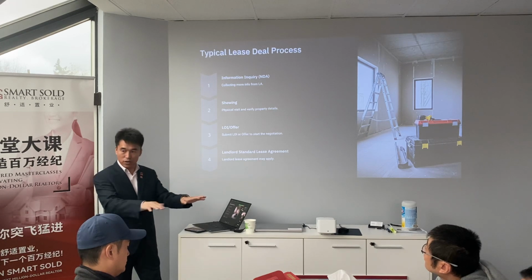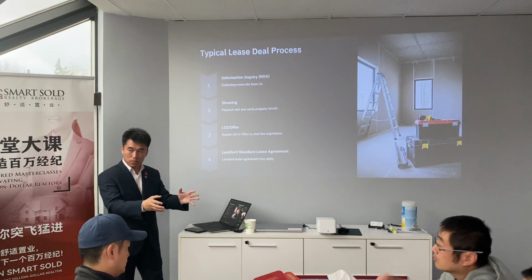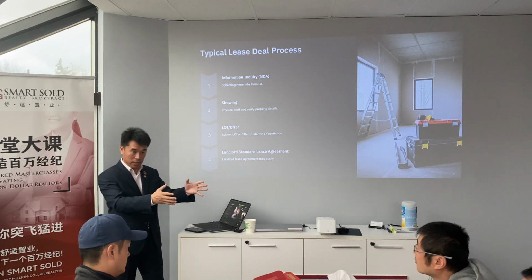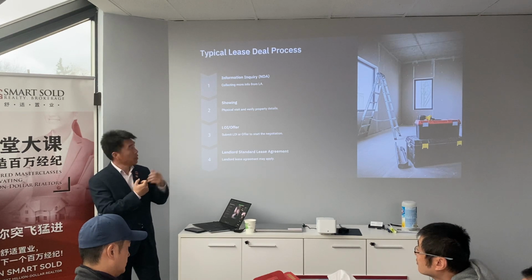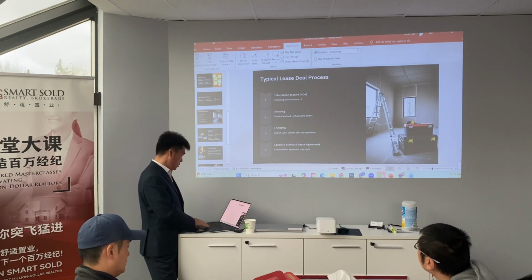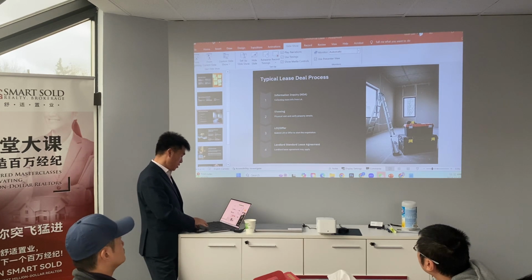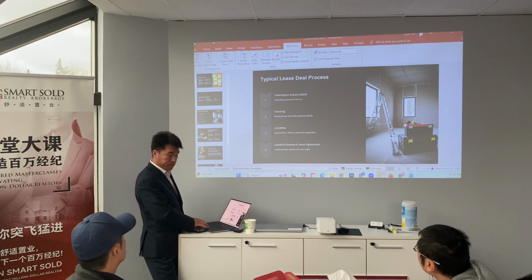They have say 3 or 5, and pick 1 or 2 to go see physically. Most professional commercial agents will happily send the package before you go, because they don't want to waste their time either.